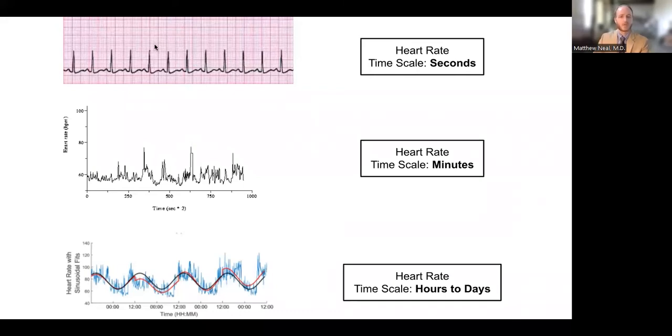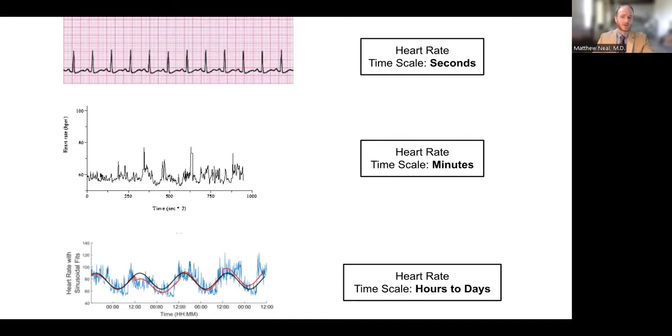And as we zoom out in time, we look to the scale of, say, minutes, heart rate over minutes. It doesn't seem nearly as constant. It seems like a much more noisy, variable process. And essentially what we're seeing here is as the resolution changes, we get different information.